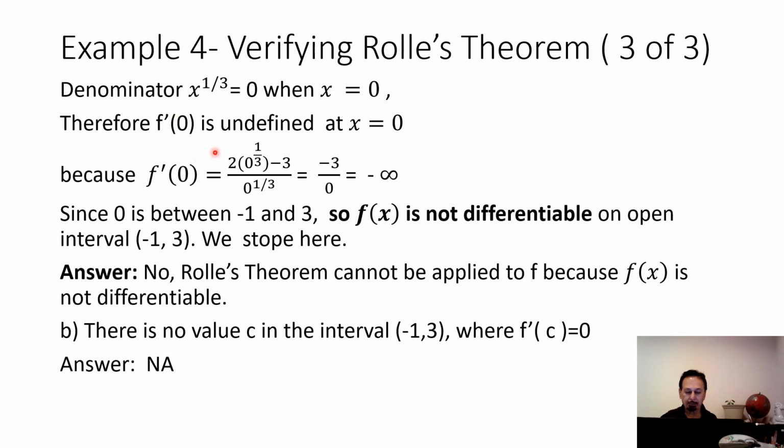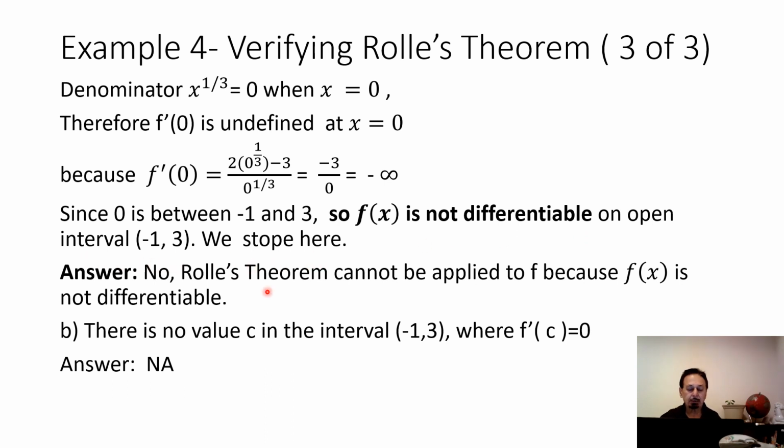Now f prime of x is undefined at x equals 0, because if I substitute 0, it becomes 2 times 0 to the 1/3 minus 3 over 0 to the 1/3, which is negative 3 over 0, which is negative infinity. Since 0 is between negative 1 and 3, f of x is not differentiable on the open interval negative 1 to 3.